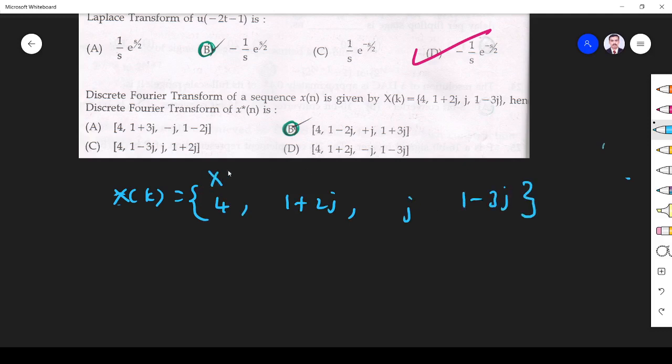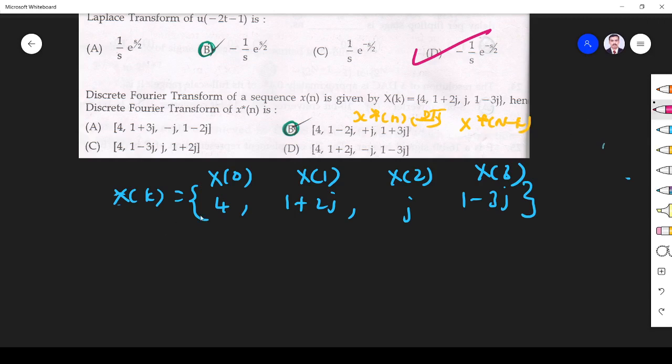So it is X of k0, k1, k2, k3. What they ask is the Fourier transform of x star of n. The DFT of x star of n is given by X star of n minus k.